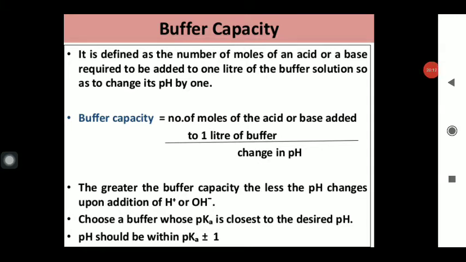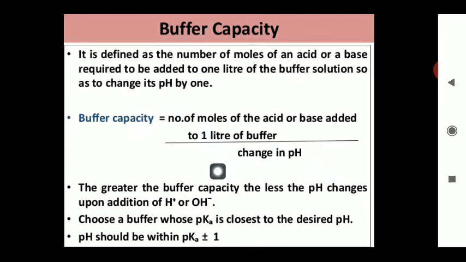Now, what is buffer capacity? It is defined as the number of moles of an acid or a base required to be added to 1 liter of the buffer solution so as to change its pH by 1. Buffer capacity is equal to the number of moles of an acid or base added to 1 liter of solution upon the change in the pH.